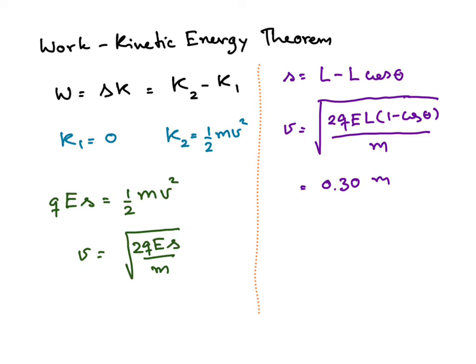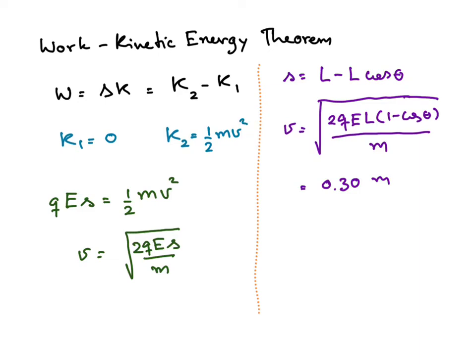In this case, the particle is initially at rest, so the initial kinetic energy is equal to 0. The final kinetic energy depends on the value of the velocity. This is the magnitude of the final velocity which we want to determine, right? So we have that K2 is equal to half of mv squared.